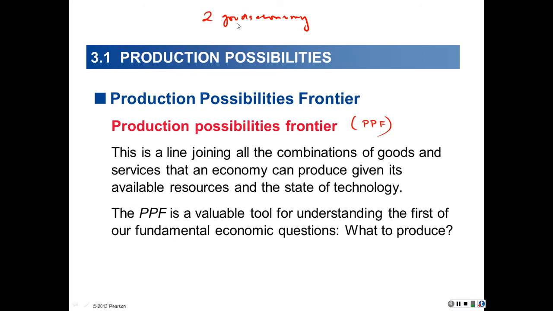So it's a line that joins all the combinations of goods and services that this country can produce given its available resources of land, labor, capital, and entrepreneurship, right? Remember, these are all scarce resources, right? And you also have there, in this mix, technology, right? So let's see what this looks like, PPF. Can we make a diagram for this PPF for a two-good economy?